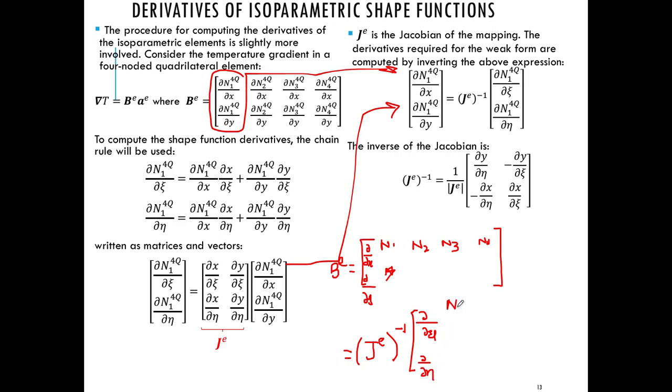Of n1 first of all, right? I'm just using this to represent the rows and n1 here to represent the column. There is n1 here, n1 here too. So that's what I have for my first column on the left hand side.